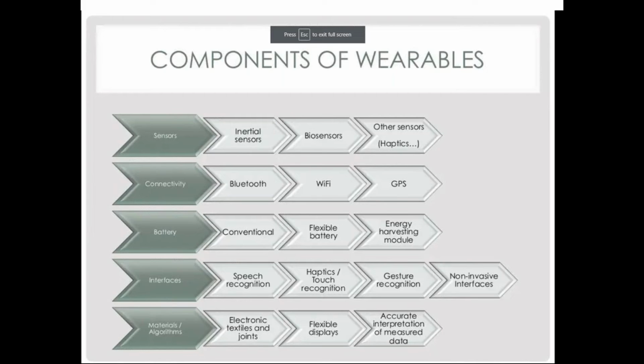After these sensors have gathered the data, they need to connect it to some central processor. So connectivity is also important. Now Bluetooth connectivity is only between 8 to 10 meters. Wi-Fi is over 100 to 200 meters and GPS is a very good connectivity. So what is the range of connectivity you want to look for?